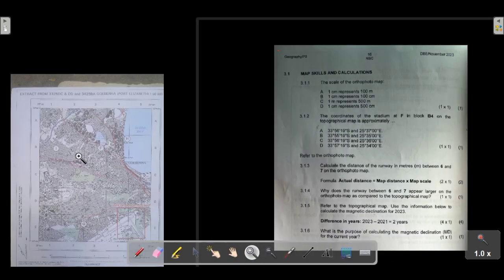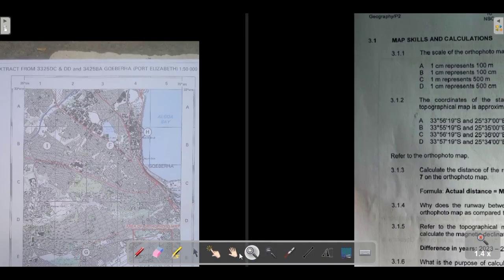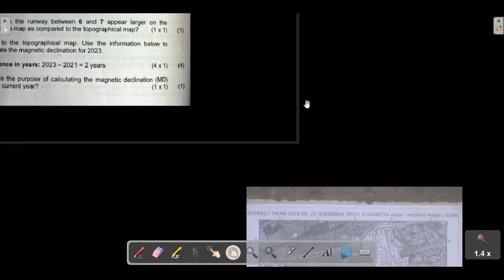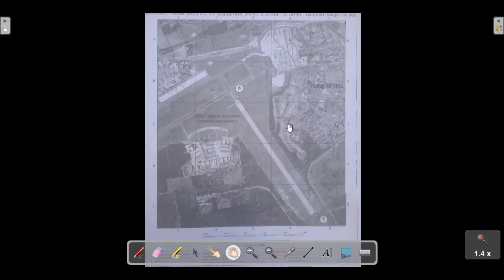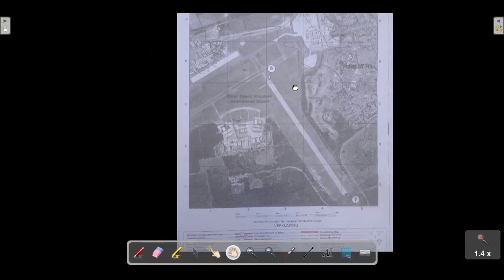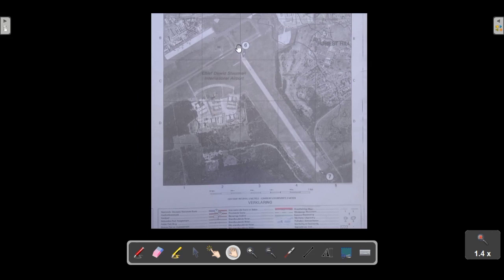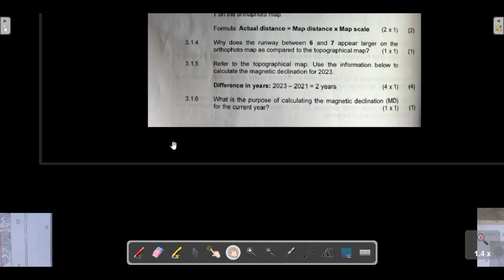Yes, there we go. You should have been provided with a topographical map, there it is, and an orthophoto map as well. I know that they are quite bright, but we should be able to use these maps to answer these questions.